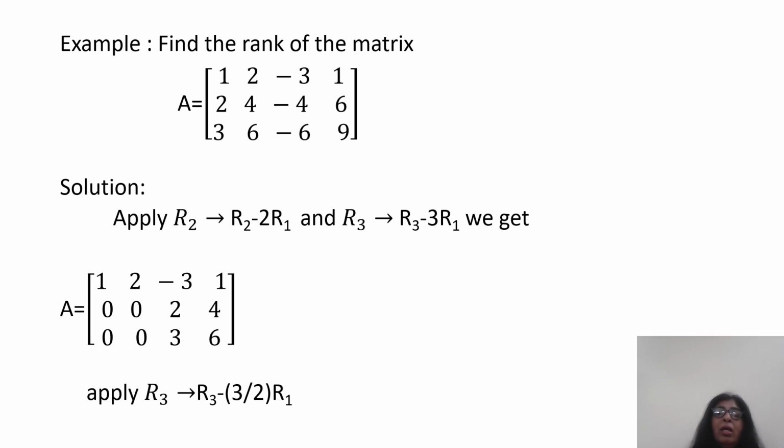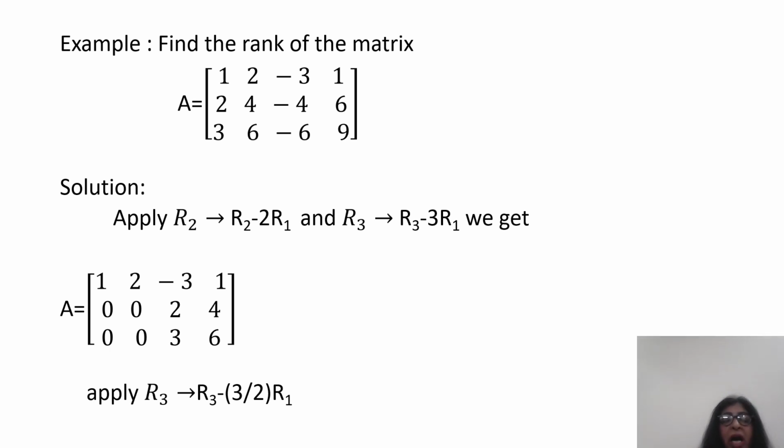Now R3 minus 3 times R1: 3 minus 3 times 1, 0. 6 minus 3 times 2, 6 minus 6, 0. Minus 6 minus 3 times minus 3, so I will get 3. 9 minus 3 times 1, 9 minus 3, 6.